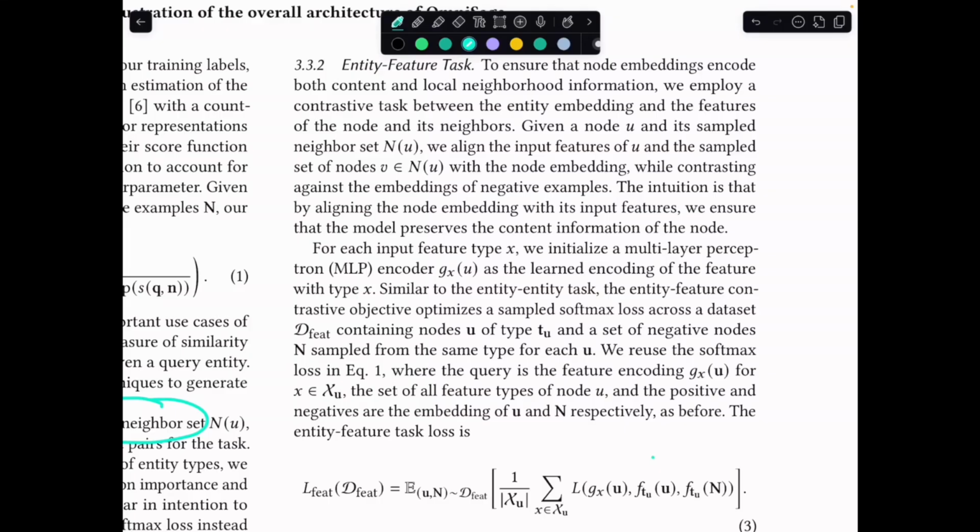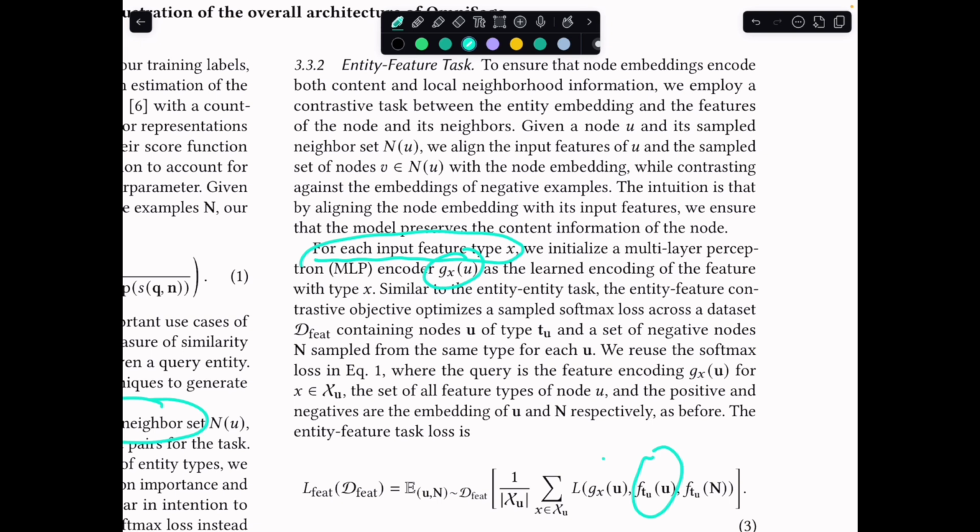The second task is the entity-to-feature task. Their intuition is that they want to make sure that the common embedding information is preserved in their output embedding, which is this one. So they categorize the input features into several types. For each type of input feature, they let it pass through an MLP encoder, which is called GXU.